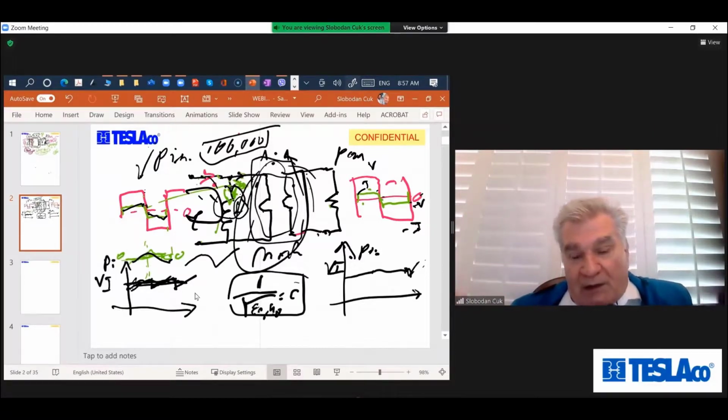So all these three methods, but they confuse the issue. This is a static device, where for the first time here we have seen why the inductance is very important and why it has to be an AC inductor.